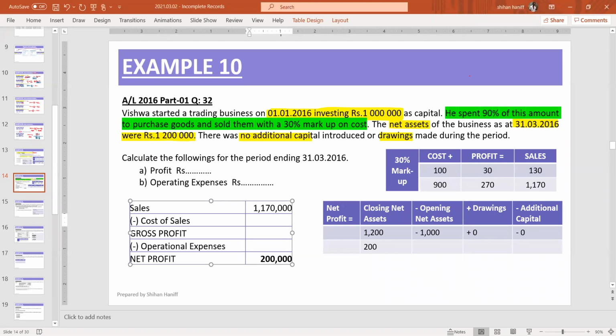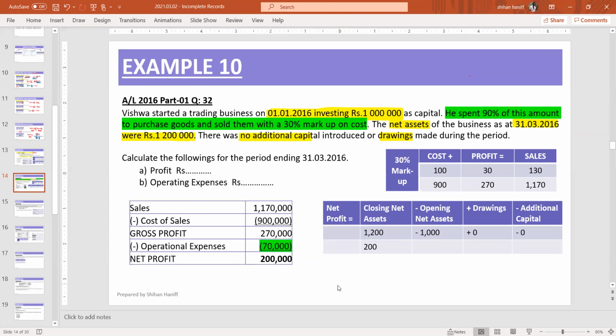You don't need sales, cost of sales and all. Anyway, we will record them. 270 is the gross profit. Gross profit is 270,000. Therefore, the operational expense is 70,000. Operational expense is 70,000.